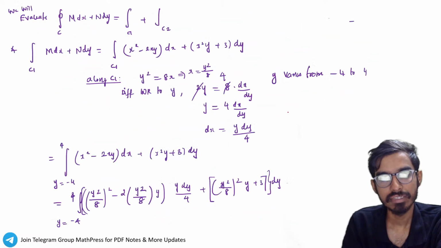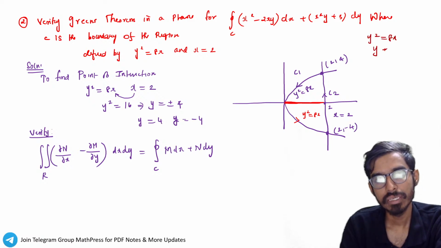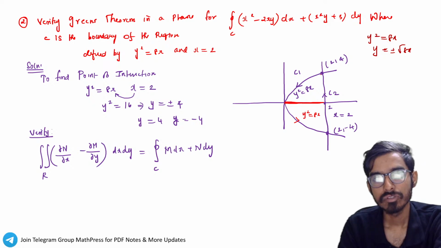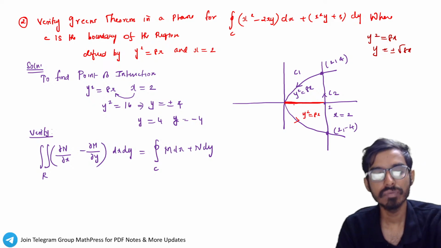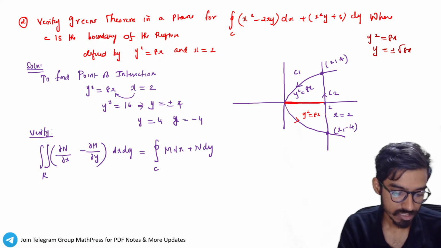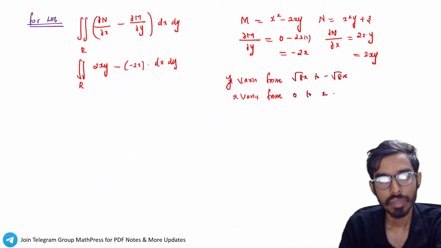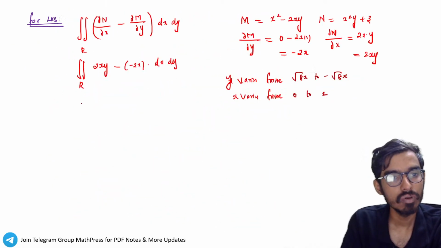This curve is y square equal to 8x, meaning y is equal to plus or minus root 8x. So this will be plus root 8x, this will be minus root 8x, right? So these are the limits now.